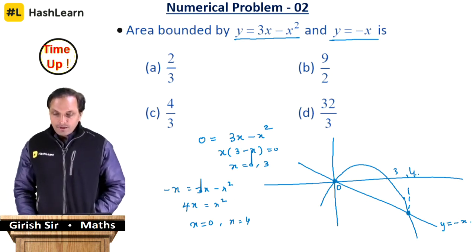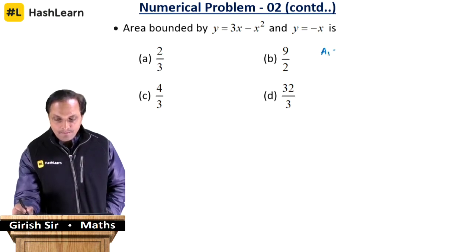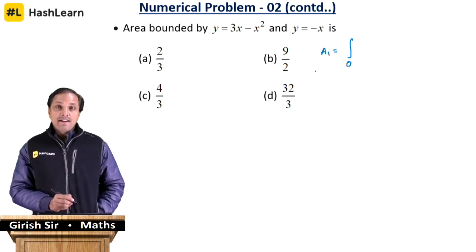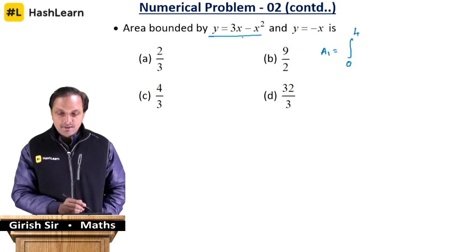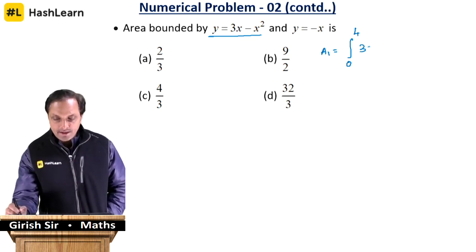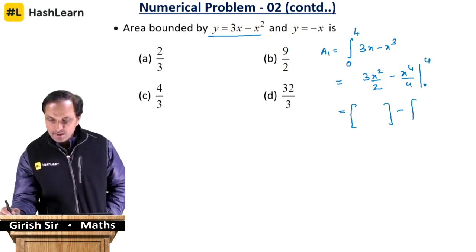So always what you can do here is take area number 1. We got the points as 0 up to 4. I will take the area as 3x minus x square and integrate it. So 3 into x's integration is x square by 2, and this is x power 3 by 3, upper limit minus lower limit.